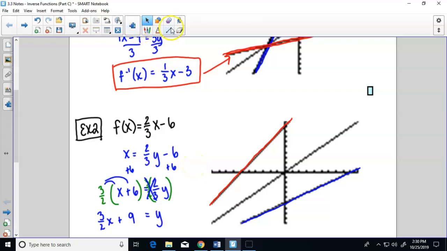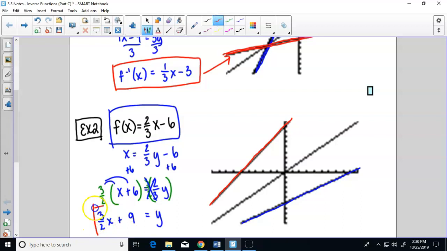This time our blue is our original, our red is our inverse. You can still see it's symmetric about the line y equals x, because that is a property we have for our inverses. And you'll look, they're both increasing, but one is steeper than the other.